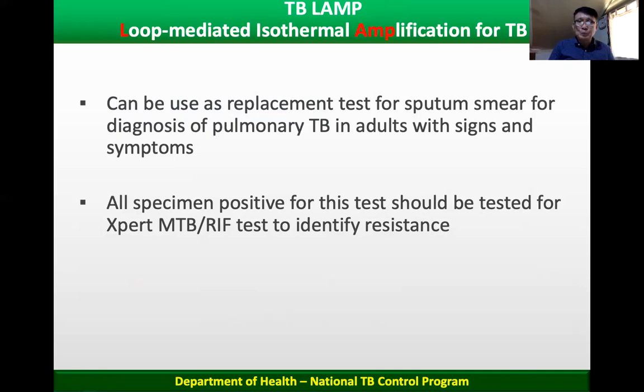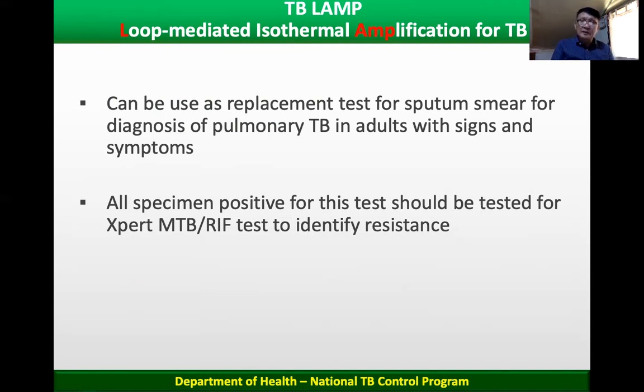The only disadvantage is that once you have a positive LAMP, there is still a need to refer your specimen to be tested for Xpert MTB/RIF. Why? To identify resistance, because only GeneXpert has the capacity to identify resistant strains, particularly for rifampicin.